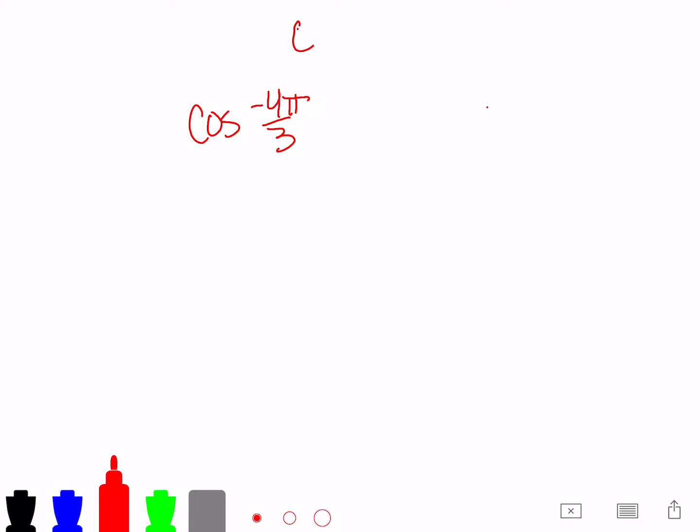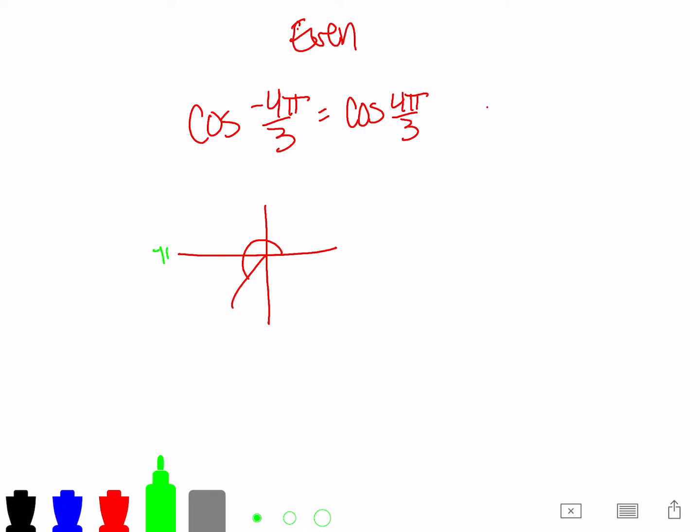Okay. If we look at another example, we have the cosine of negative 4 pi thirds. Cosine is an even function. Even functions mean that the negative angle and the positive angle have the same values. So the cosine of negative 4 pi thirds is the same as the cosine of 4 pi thirds. 4 pi thirds is a little bit past pi. Remember, all of your odd pi's are on the left x-axis. Pi thirds is your reference angle, which goes with 60 degrees. 60 degrees is your ring finger.